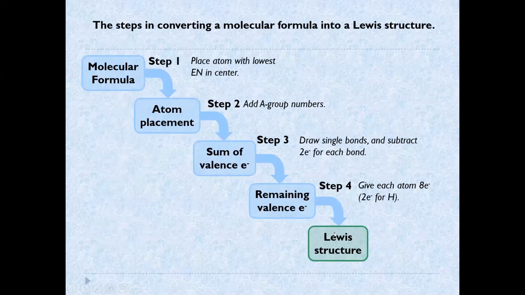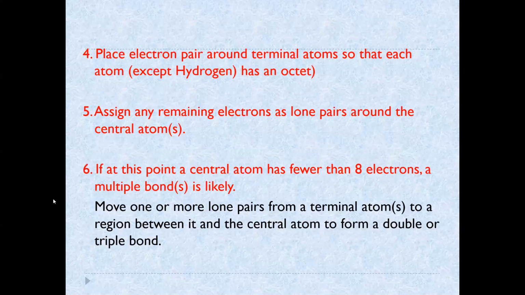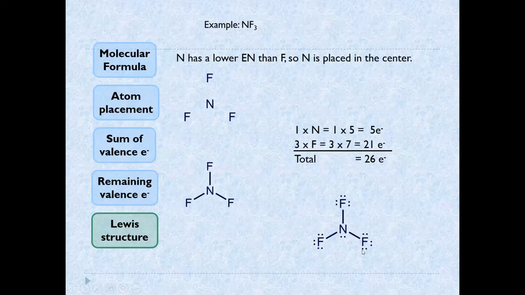That's what the rule says. It now says that any remaining electrons will be given as a lone pair to the central atom. By the time we give all the terminal atoms 8 electrons, 8 times 3 is 24. We have a total of 26. So the remaining two are given to nitrogen as a lone pair of electrons.